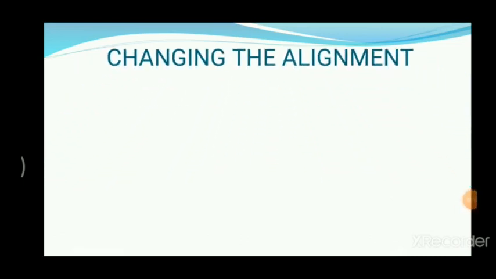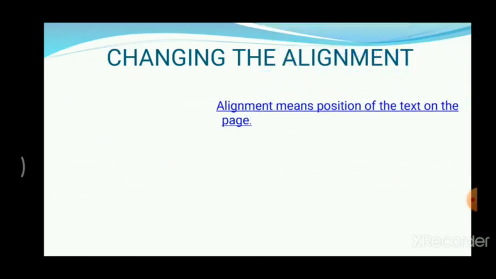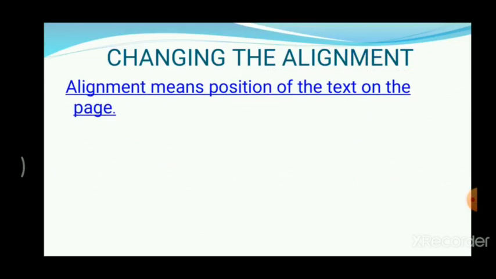Now class, we will discuss changing the alignment. Student, alignment means position of the text on the page. It means we can set the alignment before typing the text, or we can type the text and then change its alignment on the page.